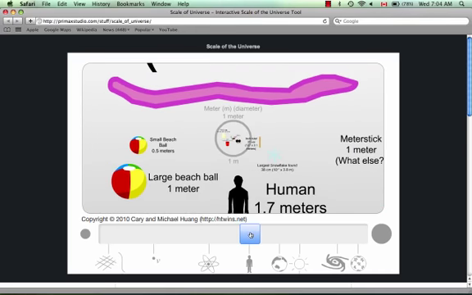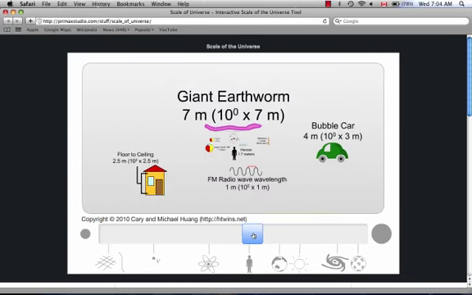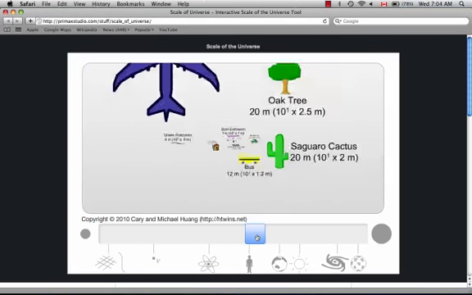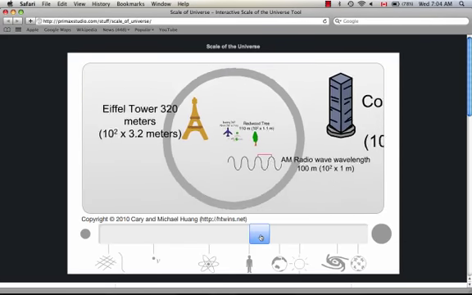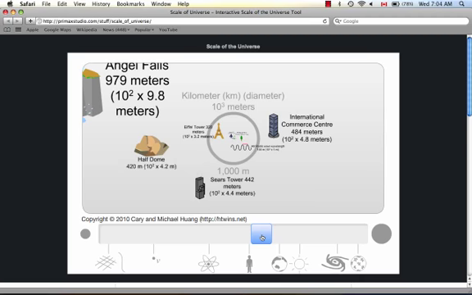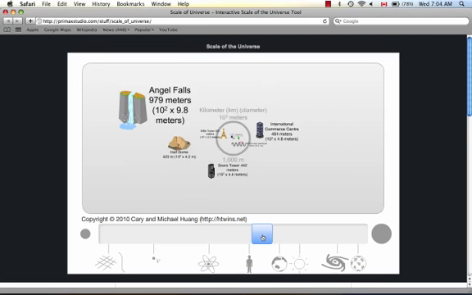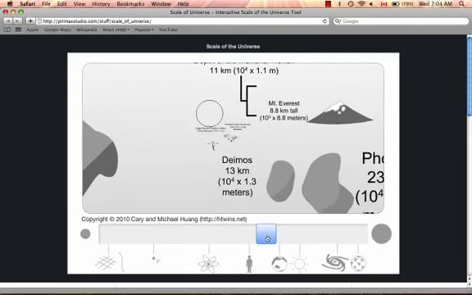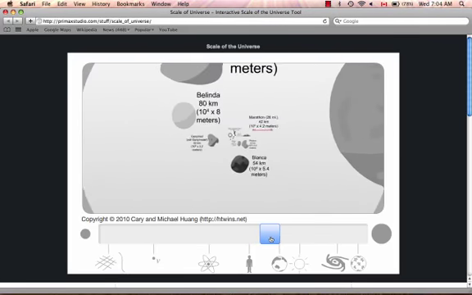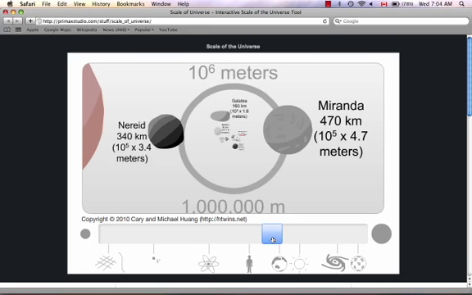And let's zoom out. We can see a beach ball, a house, a bus, an airplane, towers, the Sears Tower, Angel Falls.